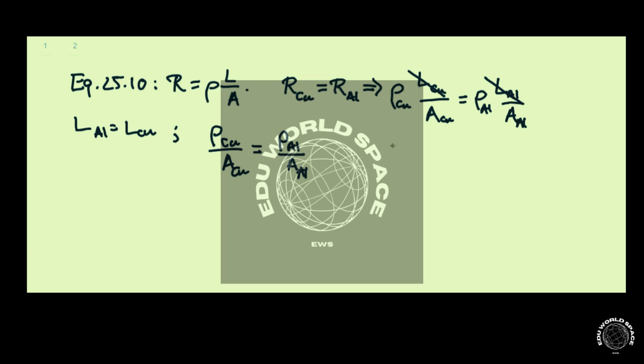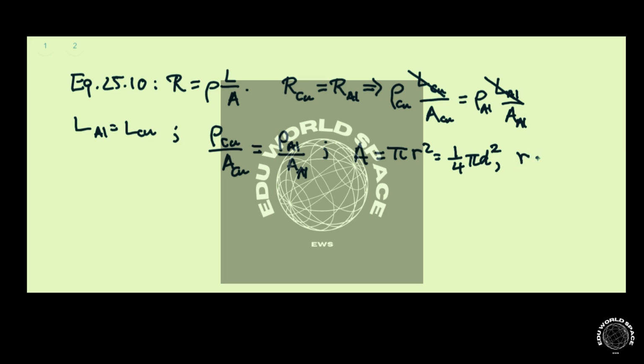And now, remember that the cross-sectional area corresponds to a circle, so it's pi r squared, which is 1/4 pi d squared, where d is the diameter.